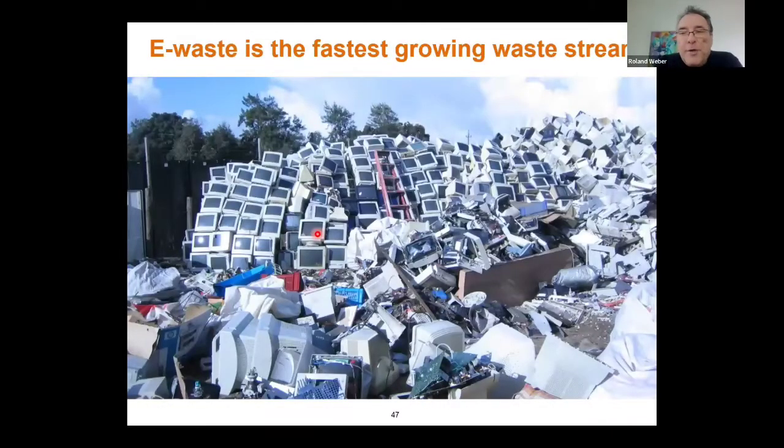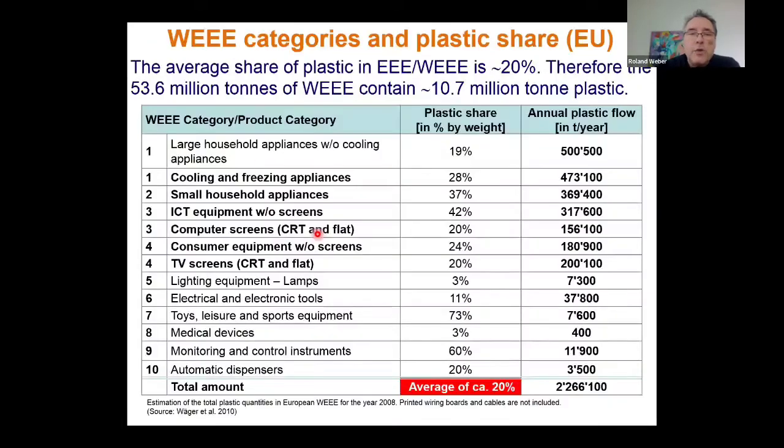Electronics is not only relevant because of PBDEs, that's the smallest part of the problem, but as probably all of you know, e-waste is a big waste stream. It is actually the fastest-growing waste stream in the world. Today we have more than 53 million tons of e-waste a year.